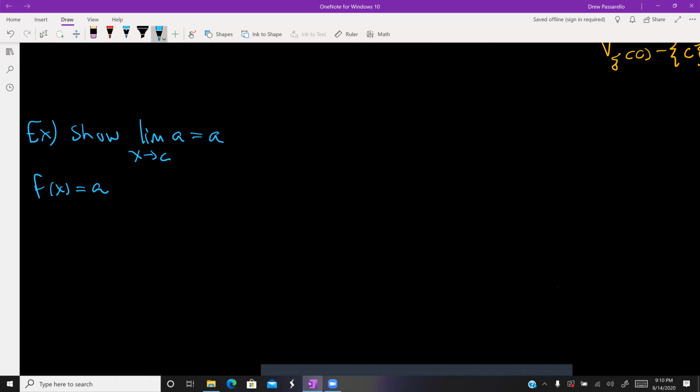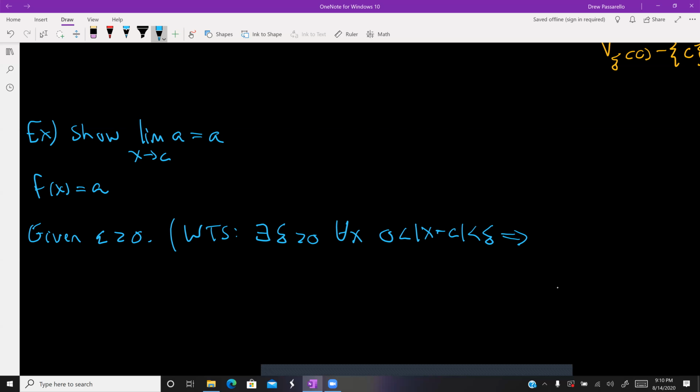This one's simple because, given epsilon greater than 0, we just need to show there exists a delta so that for all x, 0 less than the absolute value of x minus c less than delta implies the absolute value of f of x minus L is less than epsilon.